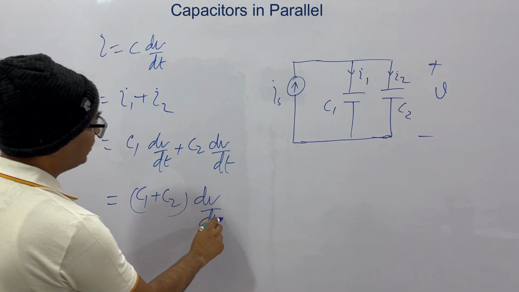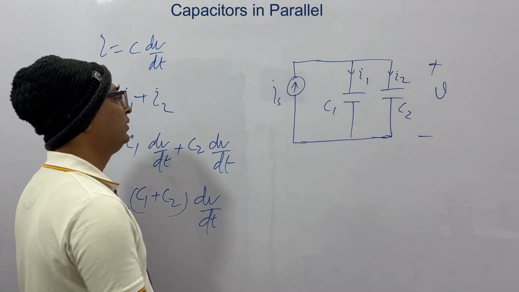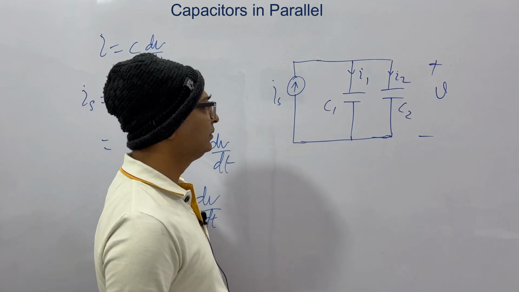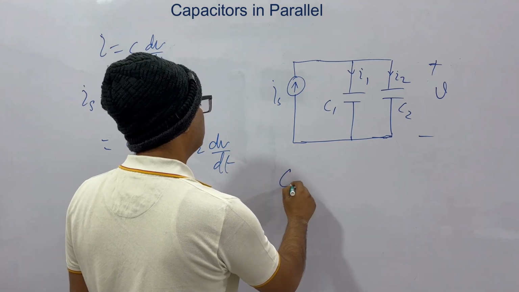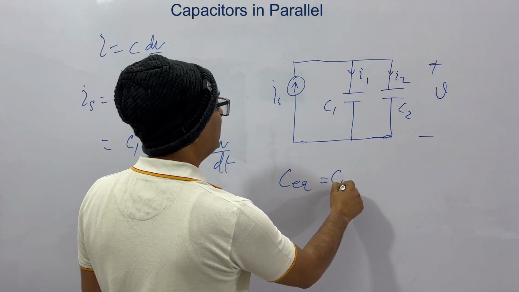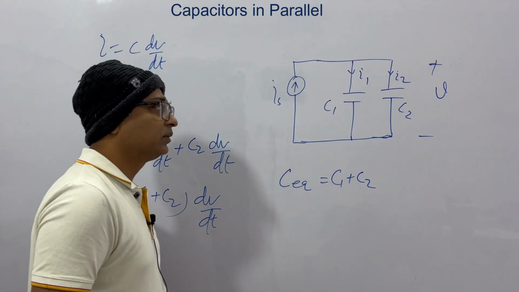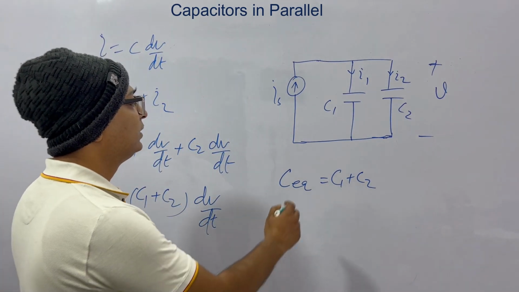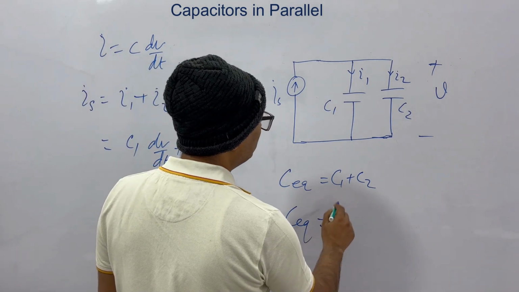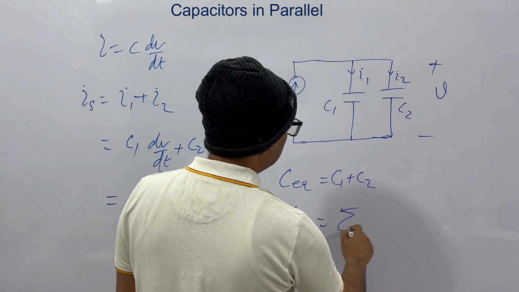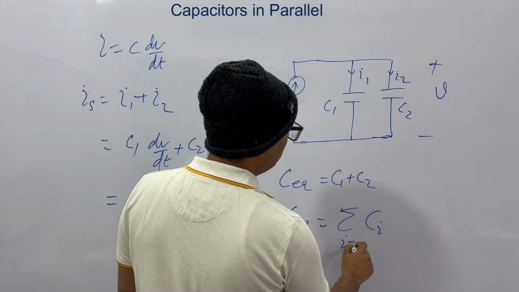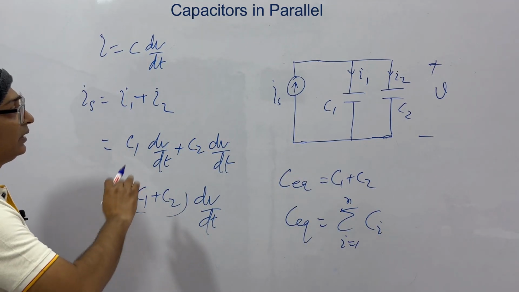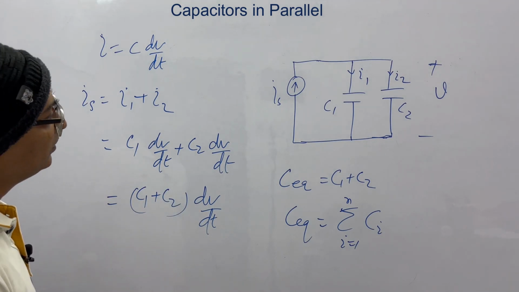Therefore, a very important thing that we learned is that when we have capacitors in parallel, the equivalent capacitance is the addition of these. This is in contrast to what we have learned for resistors and inductors. So C equivalent, if you have more than 2 capacitors, is the sum of Ci, i equal to 1 to n, that is C1 plus C2 plus C3 plus C4 plus C5. So this is for capacitors in parallel.